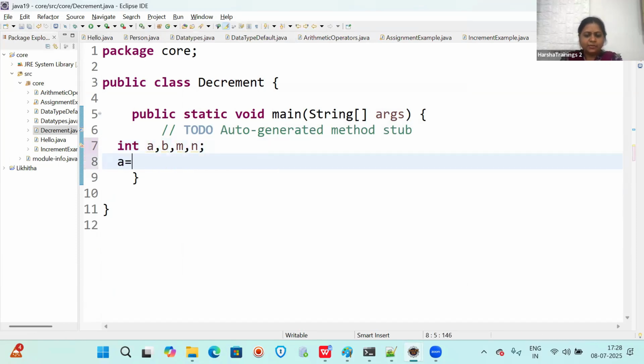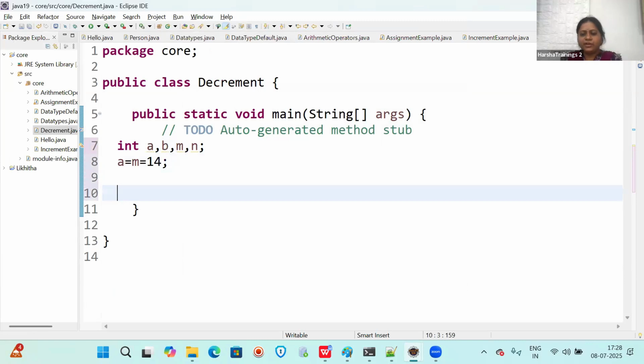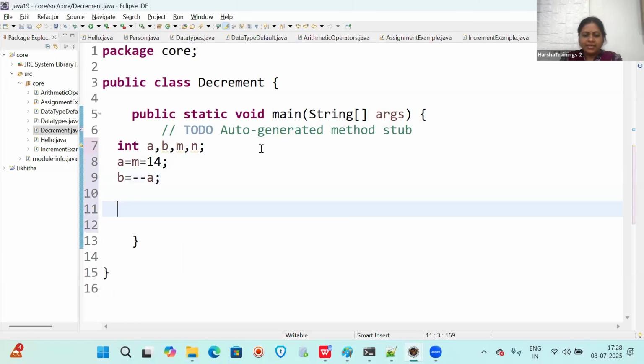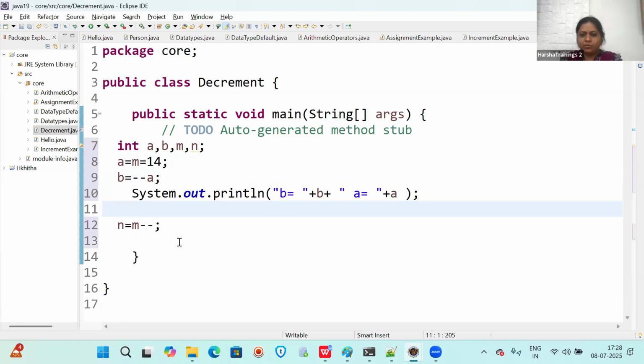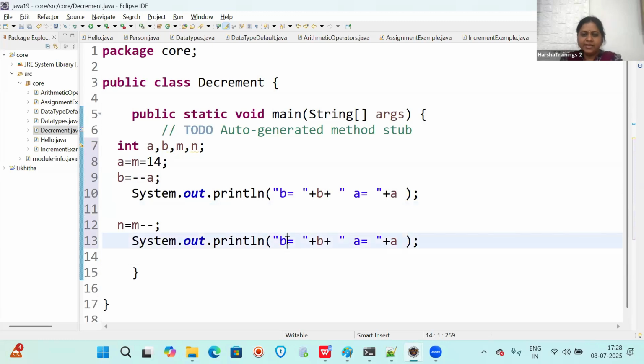Then a is equal to m is equal to 14. Now we are going to perform the decrement operator: b is equal to minus minus a, and n is equal to m minus minus. Let us print the same statements: system.out.println b, a and system.out.println n and then m.